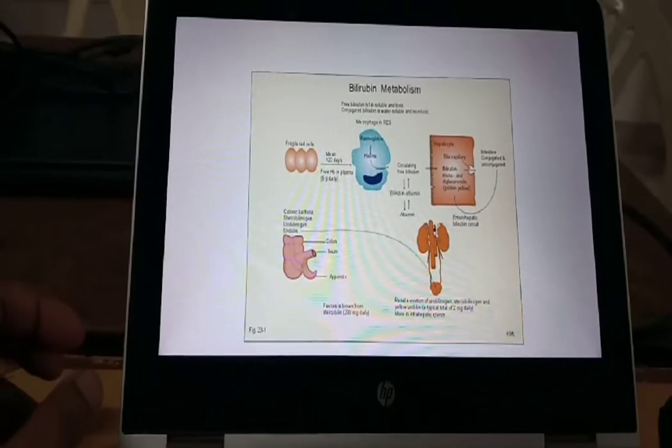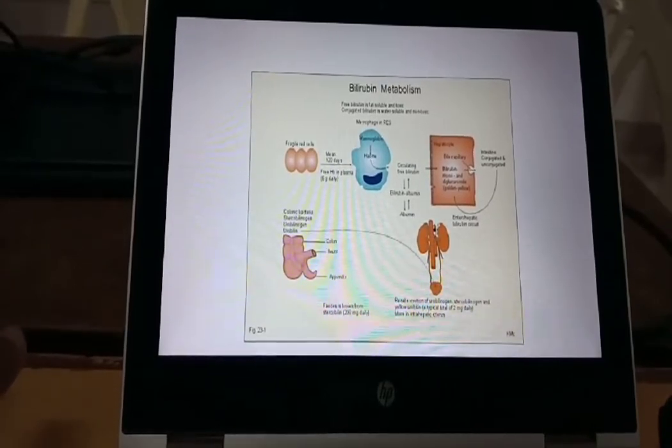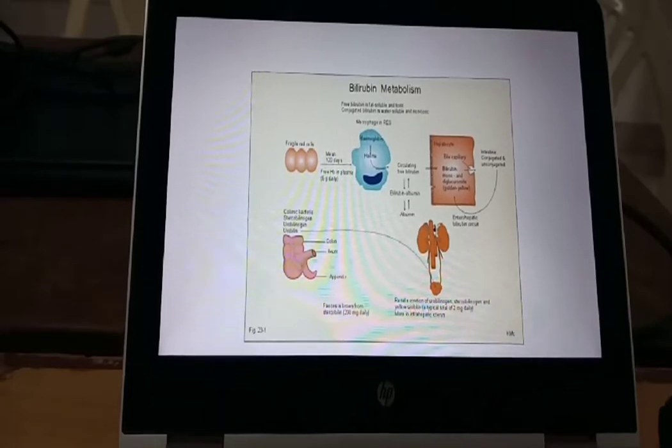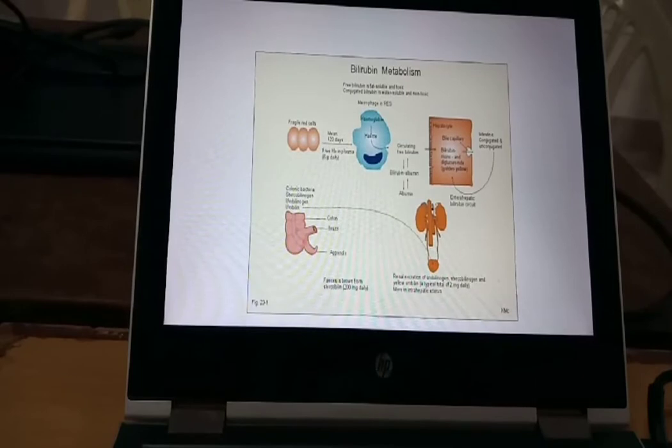Then after it has gone through the liver, while going out into the biliary radicals, into the hepatic ducts, and into the right and left hepatic ducts, if there is an obstruction along the way there also bilirubin can build up, and because of that there is a buildup of bilirubin in the blood also, and so because of that obstruction you will get obstructive jaundice, where again it will be a lot of conjugated bilirubin in the blood.